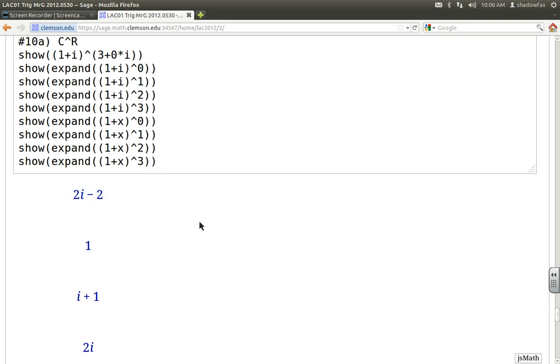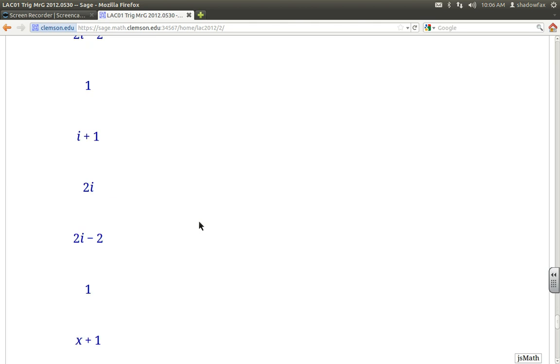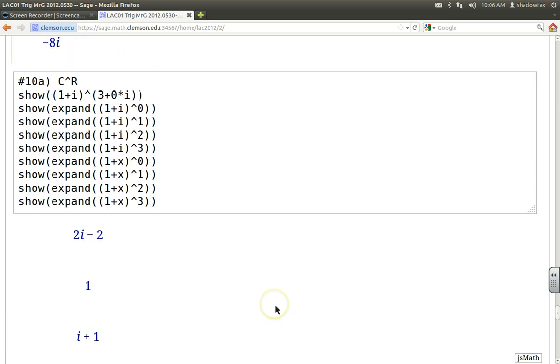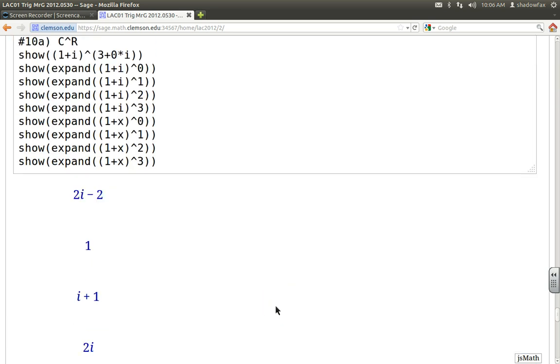Why? Look what you get if you plug in i: 1 plus 3i plus 3 times i squared, which is negative 1, plus i cubed. Now what's i cubed? If i squared is negative 1, it's negative i. So I have 1 minus 3 is negative 2, and 3i minus i is 2i. That's correct. But that's not new.